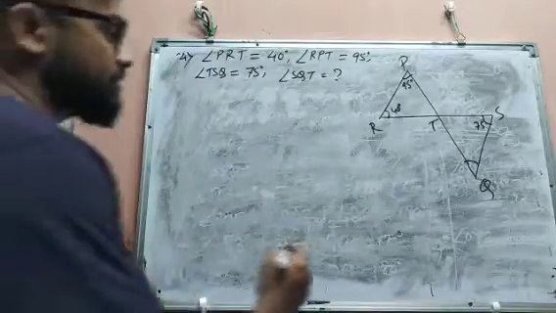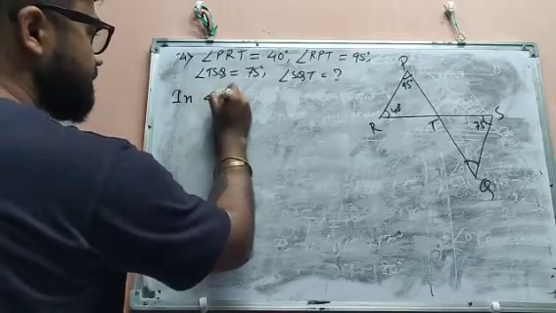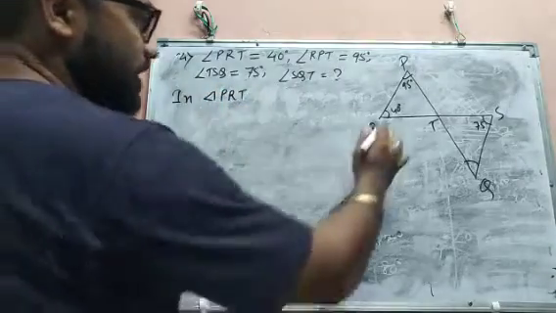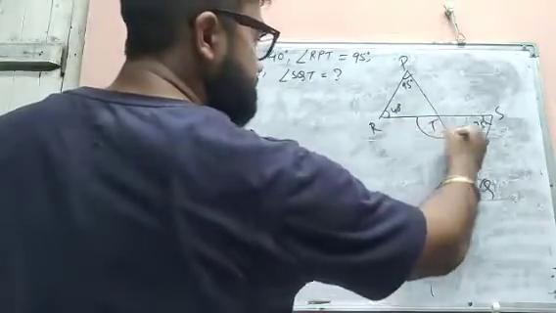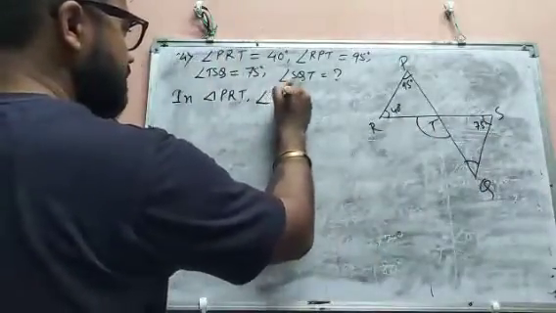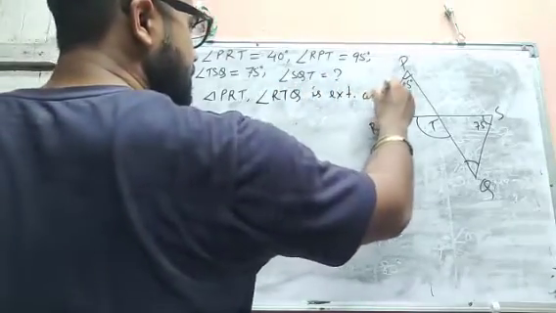So consider this one: in triangle PRT, angle RTQ is the exterior angle.